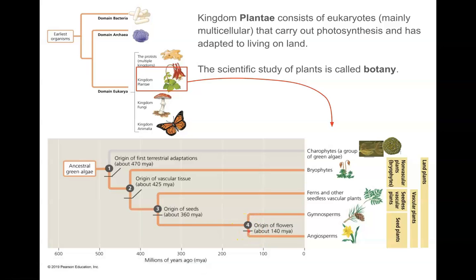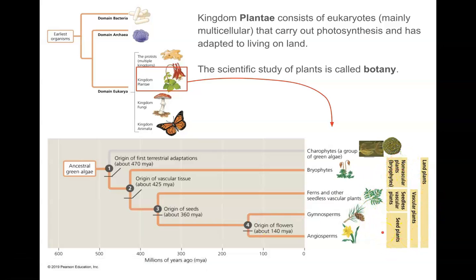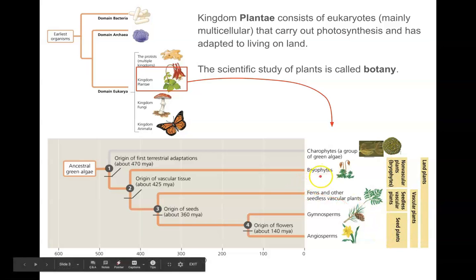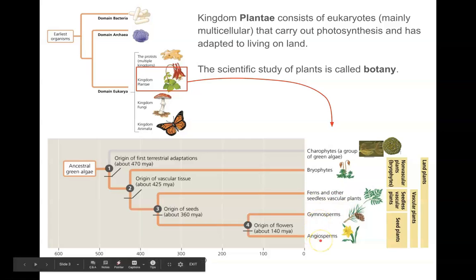What this timeline does give you is the different groups highlighted with those adaptation events that occur. I will be discussing the bryophytes, ferns, and other seedless vascular plants. So vascularization comes up in this group, but they don't have seeds. Gymnosperms, and then we'll finish off with the angiosperms.